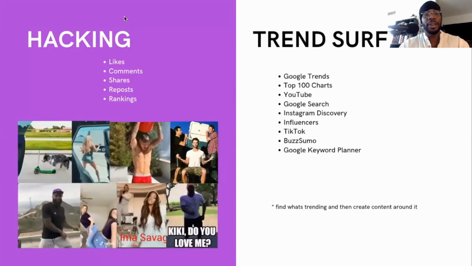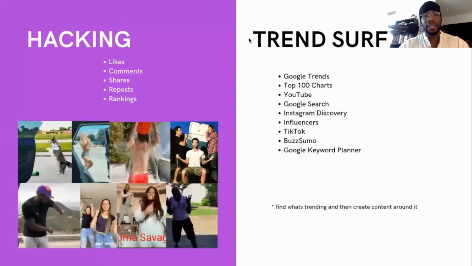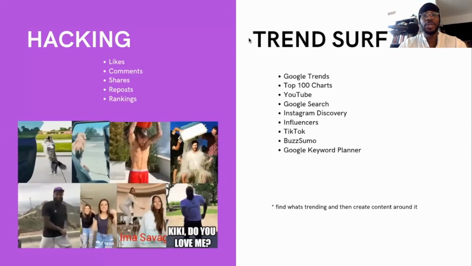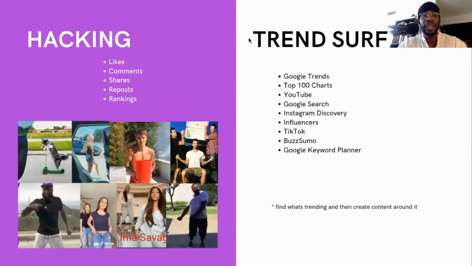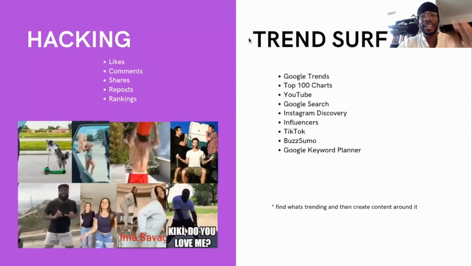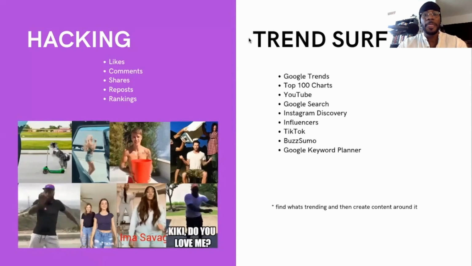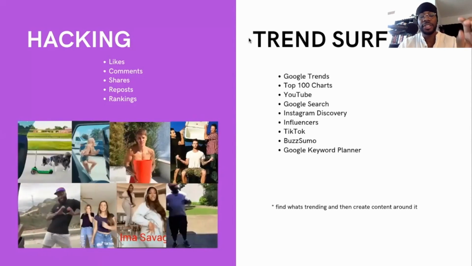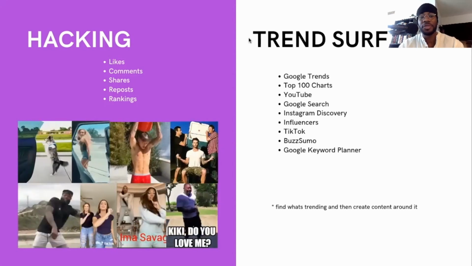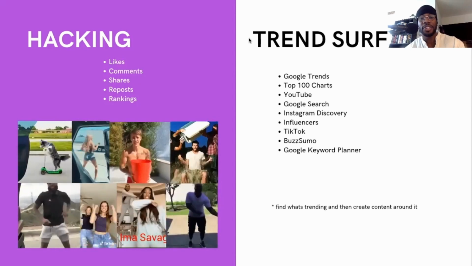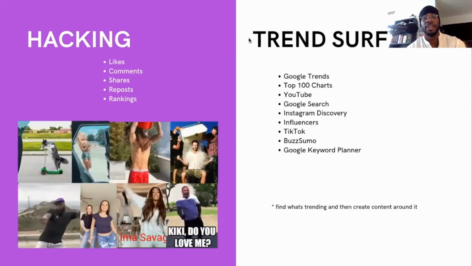So what I was talking about earlier was there's different types of content. Now, the best way I found is to either do trend surfing or funnel hacking someone, or hacking someone, not in like the actual hacking way, but you're studying them and seeing the type of content they're doing. You're studying their likes, comments, shares, reposts, their ranking, and then you're hacking them, which is basically modeling their idea, right?